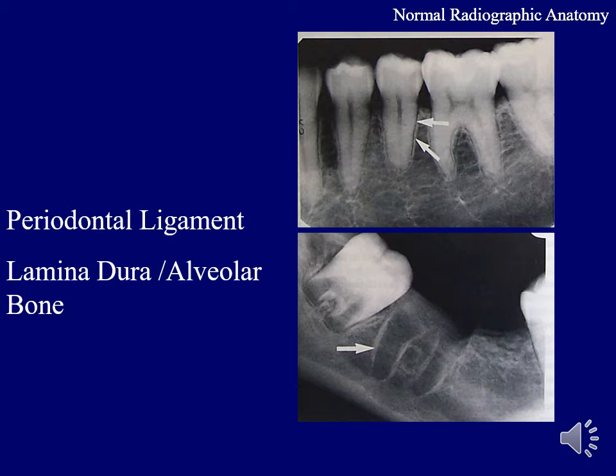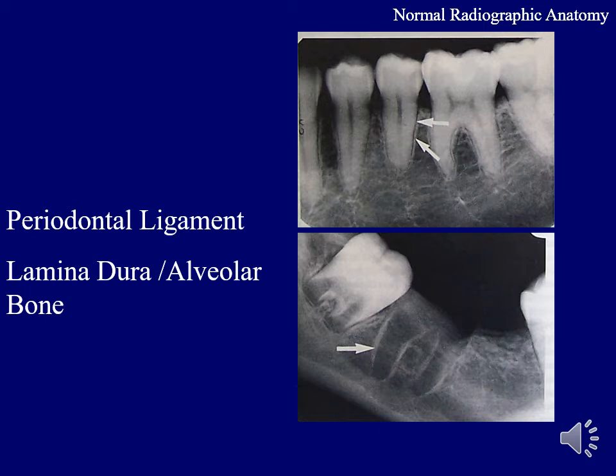Usually we don't see lamina dura clinically; the lamina dura is only a radiographic landmark that appears more opaque than the adjacent trabecular bone.